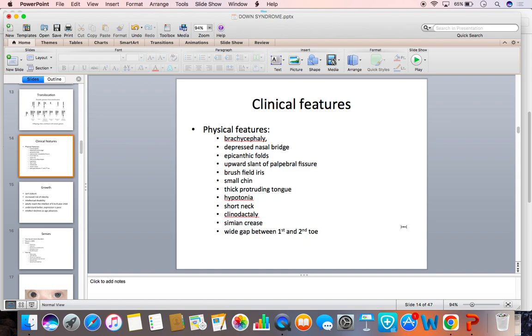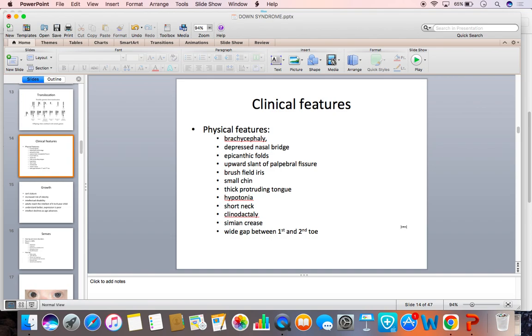So what are the clinical features of the child with Down syndrome? Look at the face. Physical features. Brachycephaly. That means there is shortening of the anteroposterior diameter because of flattening of the occiput. Depressed nasal bridge.